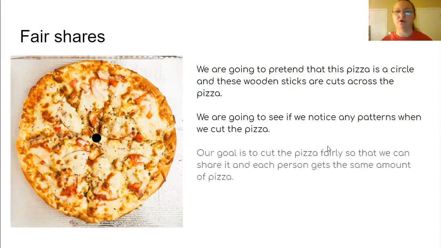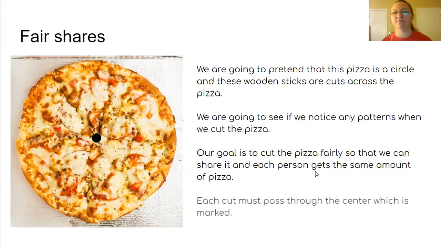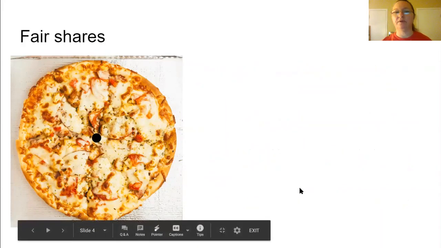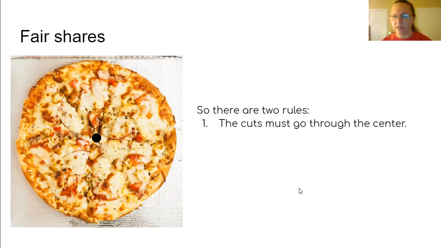So initially, our goal is to cut the pizza fairly so that we share it and each person gets the same amount of pizza. Each cut must pass through the center, which is marked. So there are 2 rules to this. First rule, the cuts must go through the center. Second rule, the slices must be the same size.